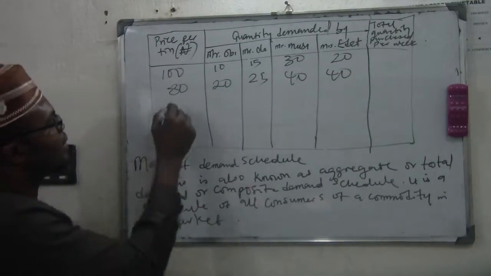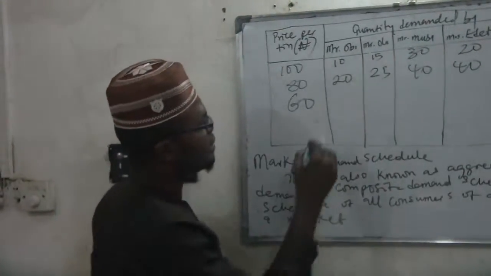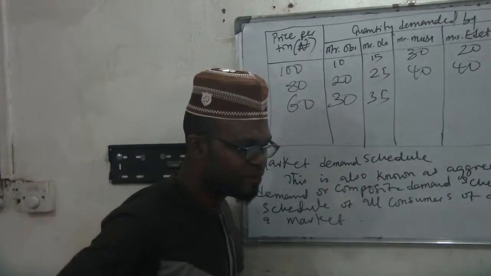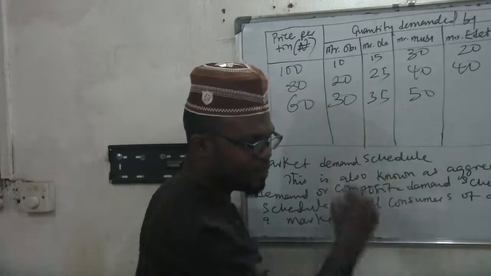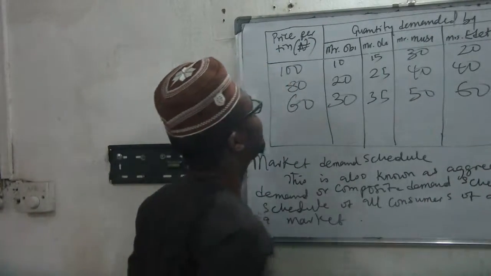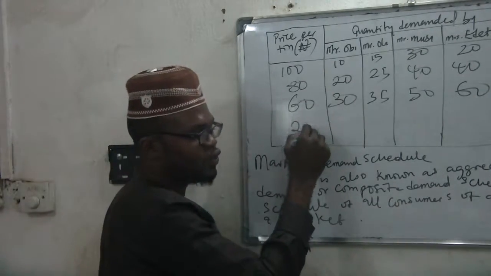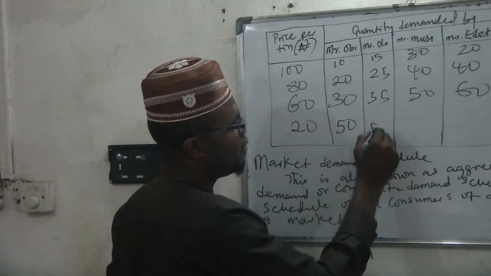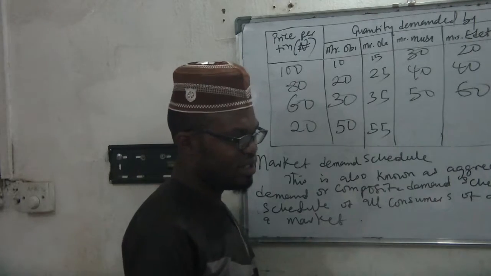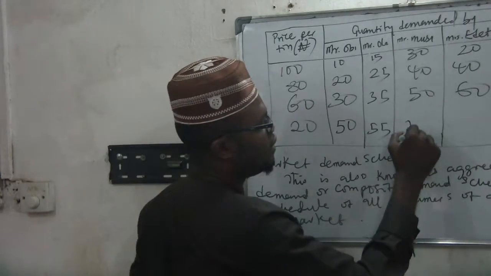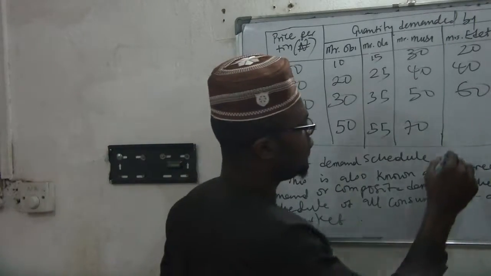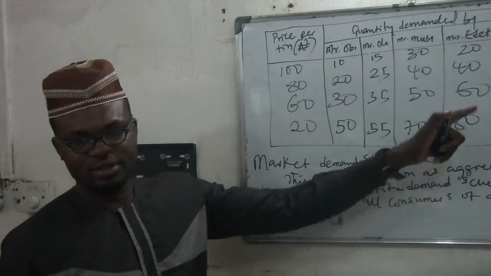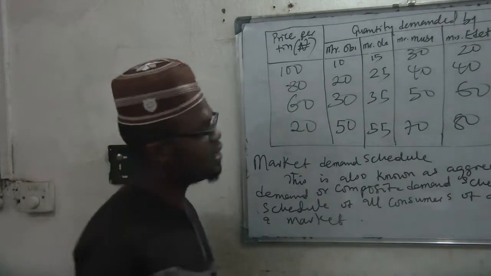When the price is 60, Mr. Obi will increase to 30, Ola 35, Musa 50, Edith 60. When the price goes further down to 20, Mr. Obi will demand even more, 50, Mr. Ola 55, Mr. Musa 70, and Mrs. Edith 80. You can see that as the price is reducing, their demands are increasing. Is that clear?